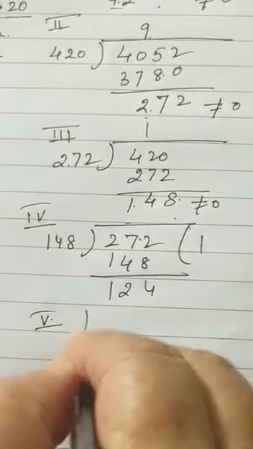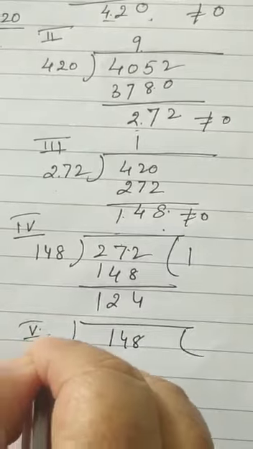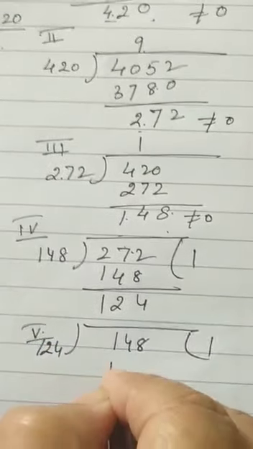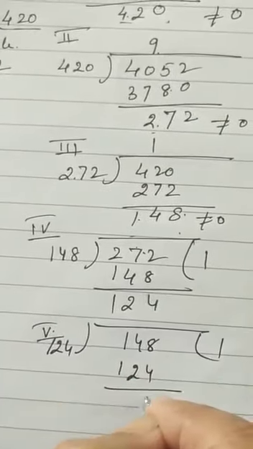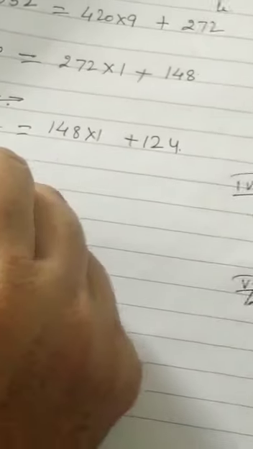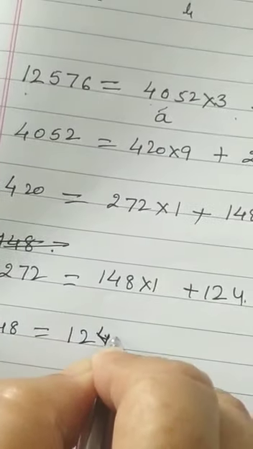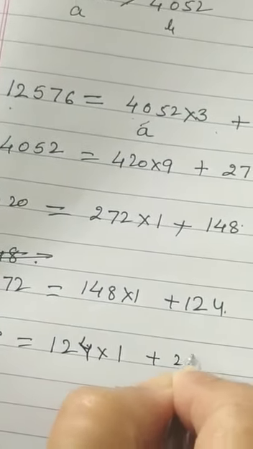Fifth step हमारा क्या हो जाएगा? 148 is 124 into 1 plus 24.